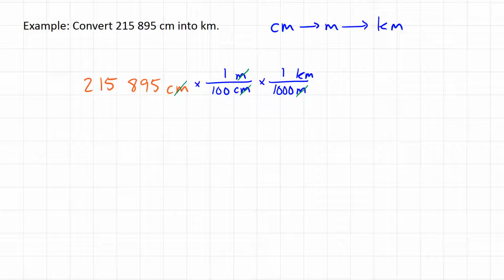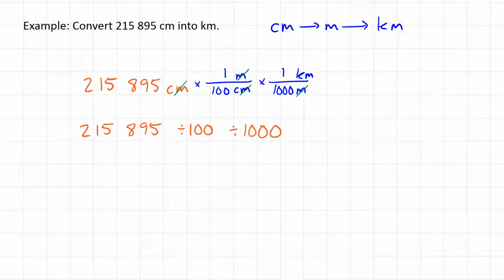So here you can see that my 100 and 1,000 are in the bottom of the fraction. So the calculation I have is my beginning number divided by 100, because it's in the bottom of the fraction, and divided by 1,000. So that's the 2 steps I have to do to complete this unit conversion. First, divide by 100, and then divide by 1,000.